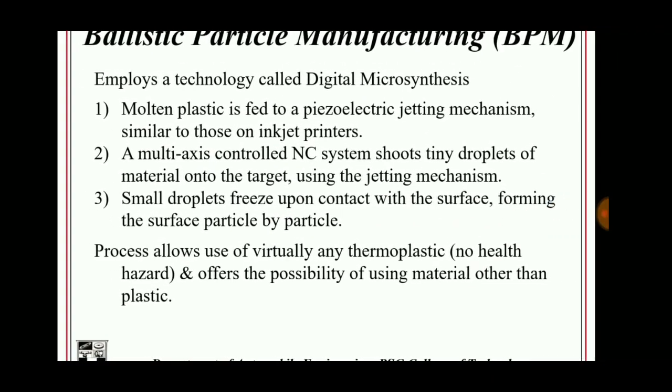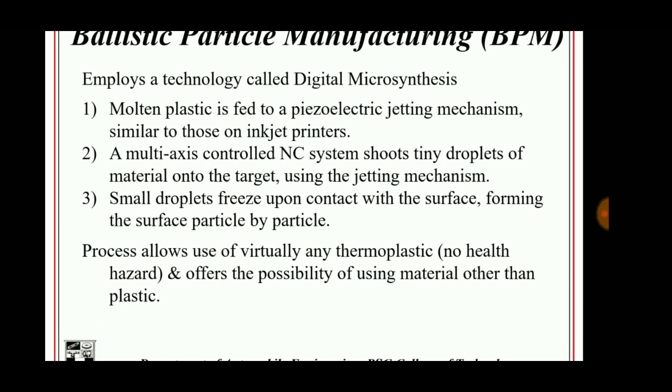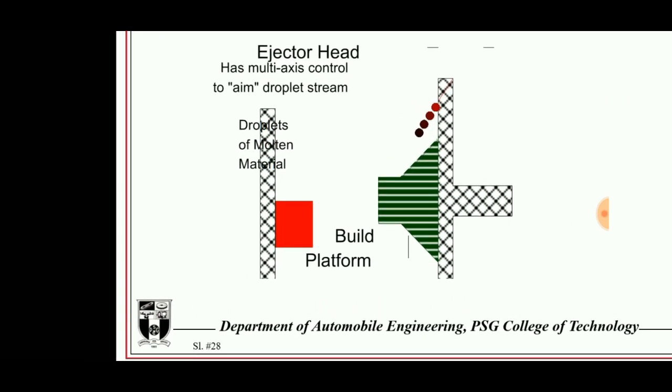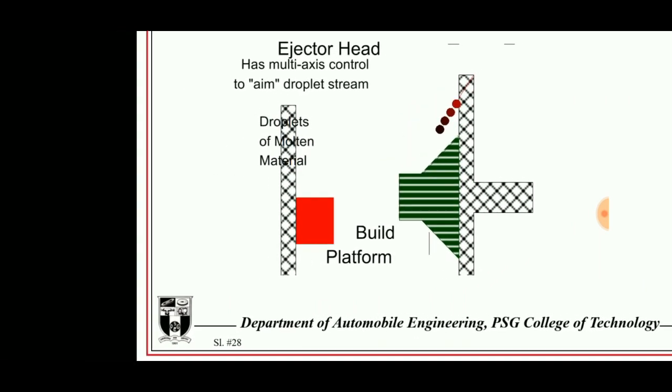A multi-axis controlled NC system shoots tiny droplets of the material onto the target using this jetting mechanism so that small droplets freeze on the surface to build up, and finally the complete model or prototype is obtained. Imagine if you want a solid cube.